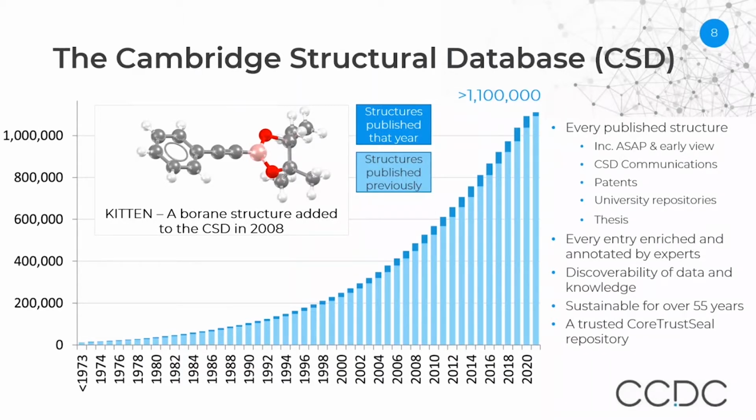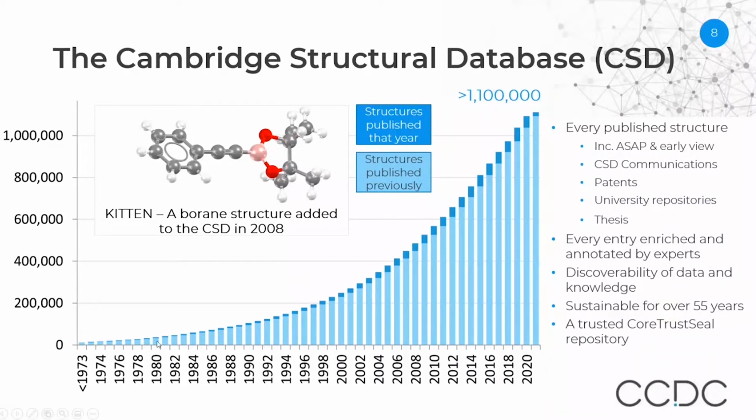It includes every published organic and metal organic structure, including data associated with scientific articles, patents, repositories, thesis publications, or published directly through the CSD as a CSD Communication. It's really a community effort: structures are determined by crystallographers worldwide, and every single entry is enriched and annotated by experts to aid the discoverability of both data and knowledge from the resource.